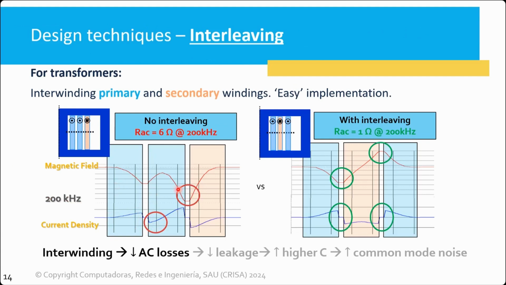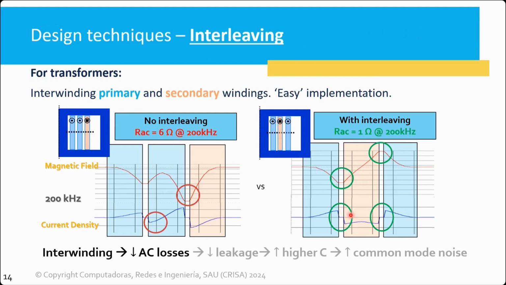You see here that in the layer between the primary and secondary, we have a very high, very negative magnetic field, and again it creates more losses. So what we can do by interleaving is put the secondary winding as a sandwich between the two primaries.